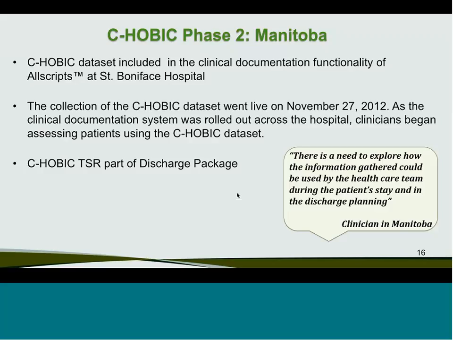And the C-HOBIC TSR in Manitoba is, because of some limitations of their system, they couldn't send it electronically as they did in Ontario across the Clinical Connect portal. But in Manitoba, they couldn't do that. And so it's printed as part of the discharge package that goes with the patient.